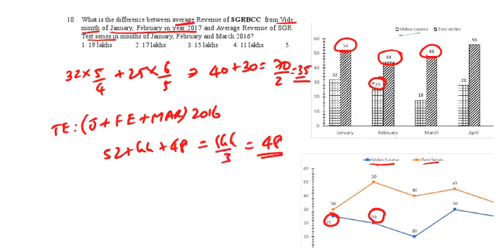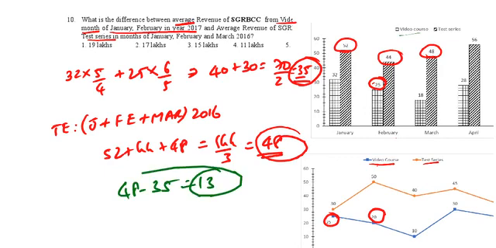So one we are getting 35, other one we are getting 48. Now what is the difference of that? Difference of 48 and 35, that is 13. 13 is the correct answer. 13 lakhs, option 5 is the correct answer.